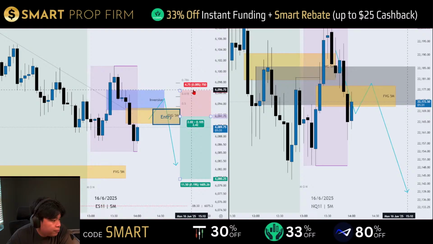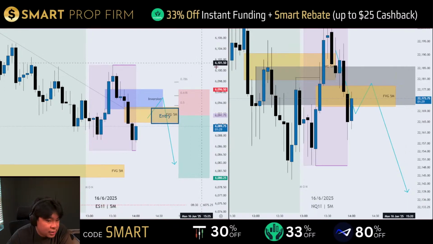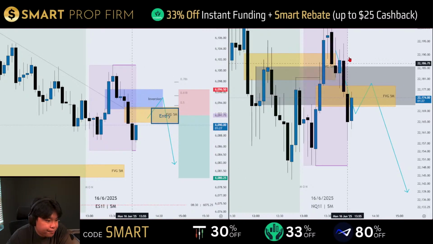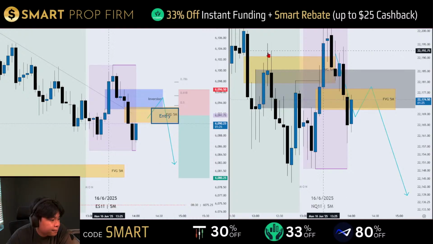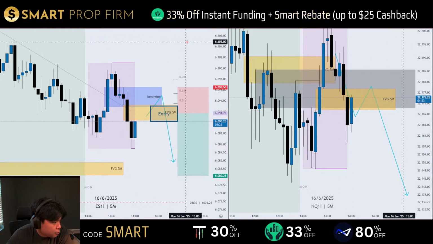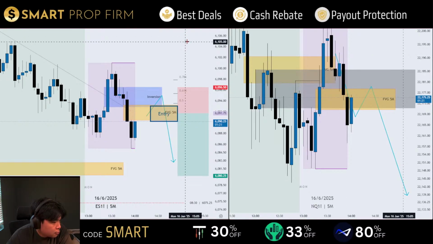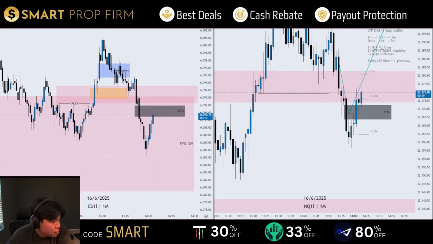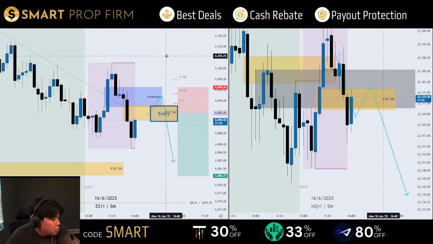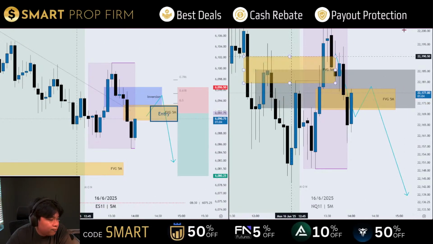And stop, just basically above 96.5 is what I'm looking at. All right, I'm getting filled here. Let's see what we can get.